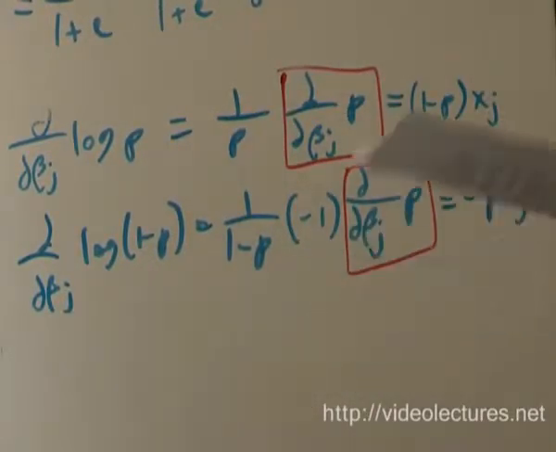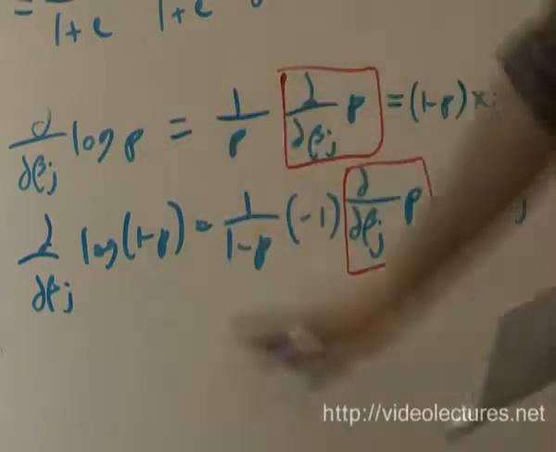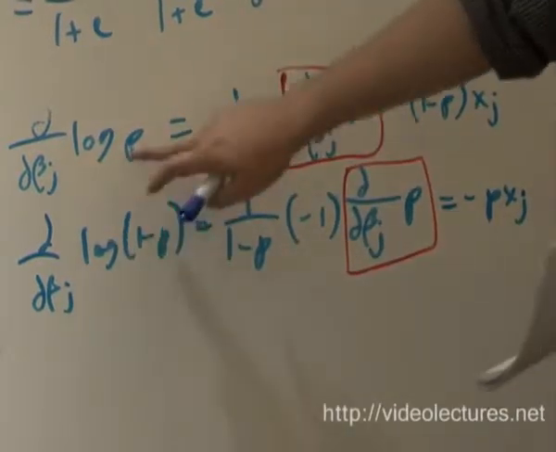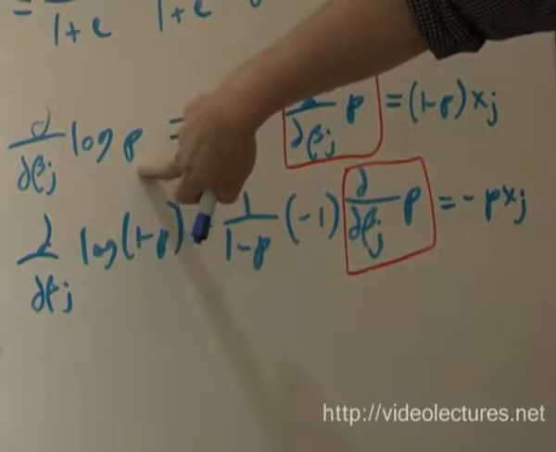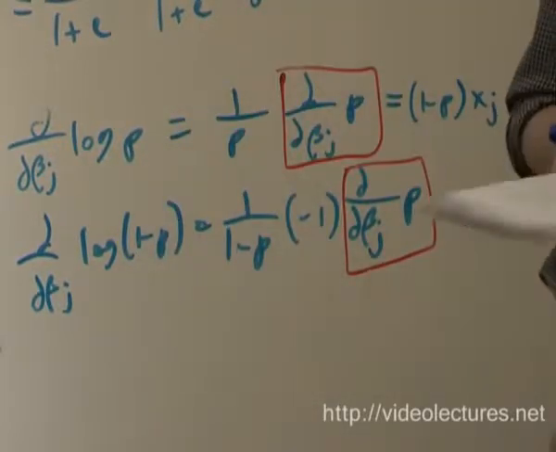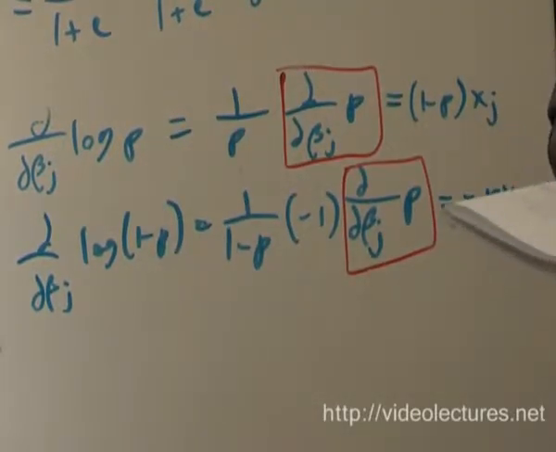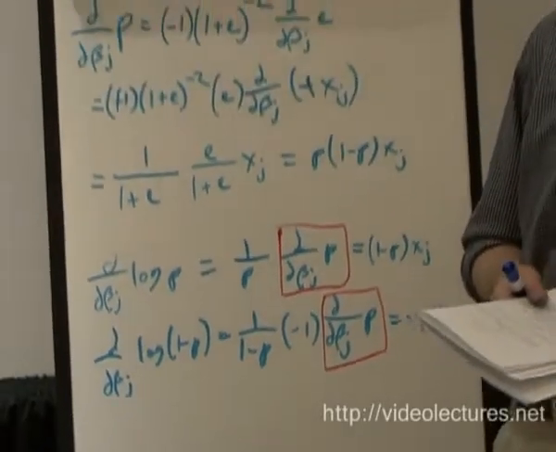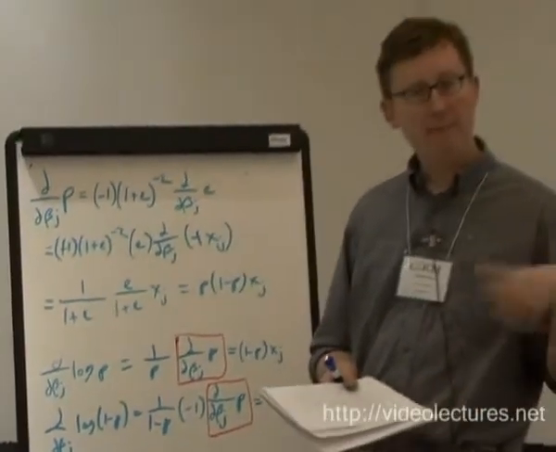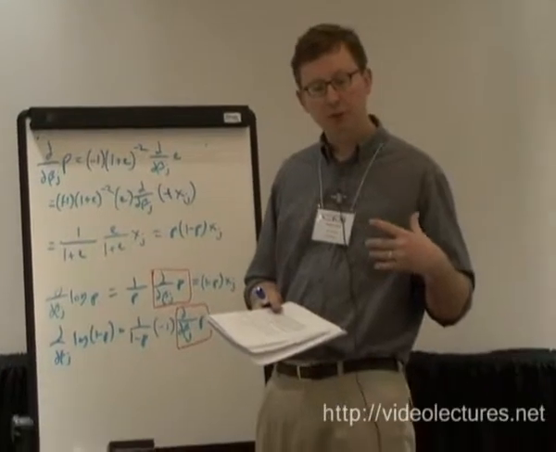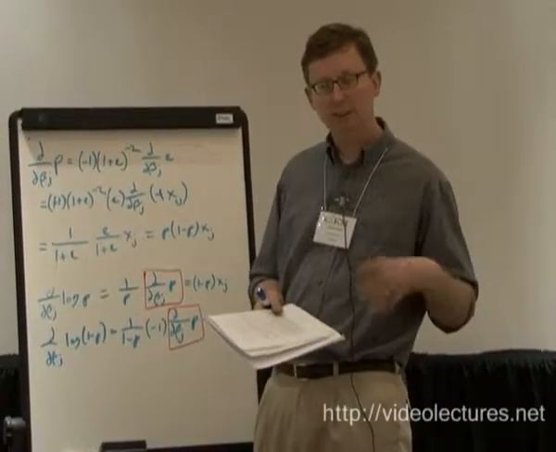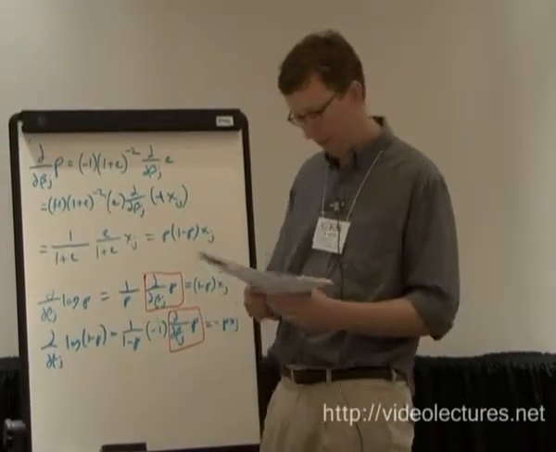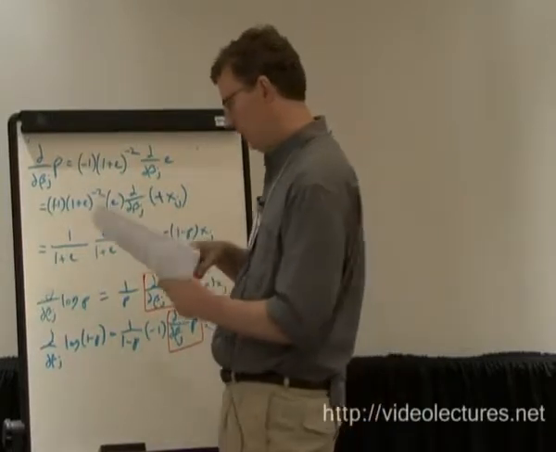Now, these are the derivatives for a single training example. A single training example is a single x value, a single y value, and correspondingly a single p value. The derivative for the whole training set is the sum of these derivatives.